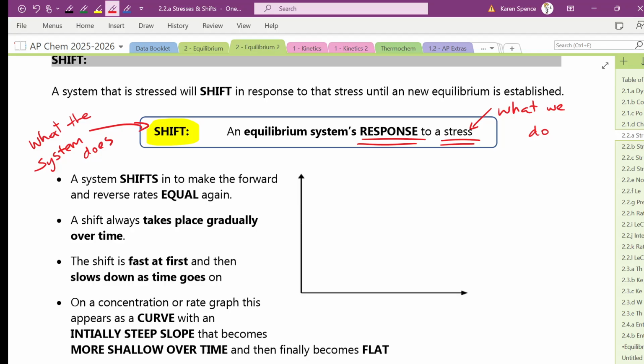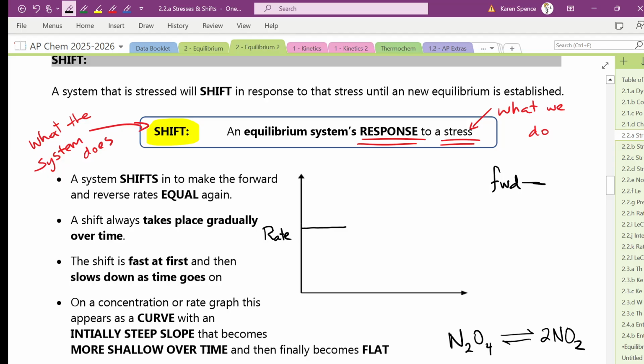So we're going to use our reaction that we had yesterday, N2O4 gives 2 NO2. All right, and we have our forward rate, and we have our reverse rate.